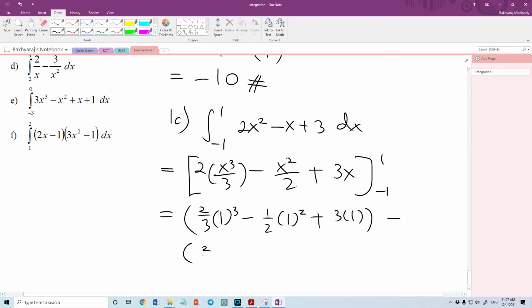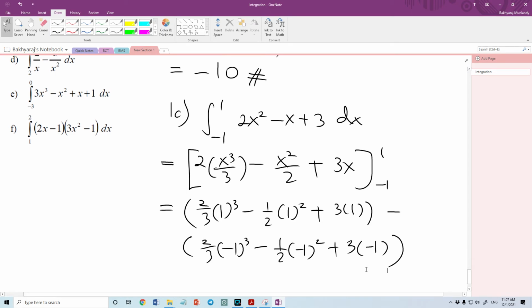So again 2 over 3, now substitute negative 1 power of 3, minus 1 over 2, negative 1 power of 2, plus 3 times negative 1, close bracket, and we go for the last answer.